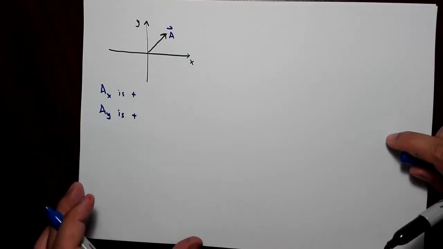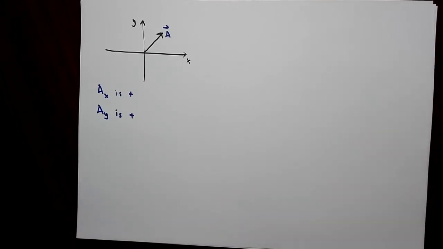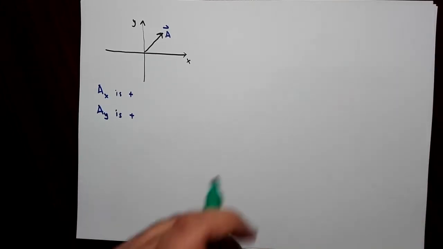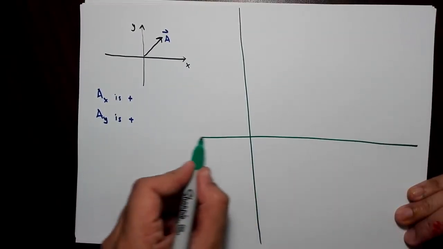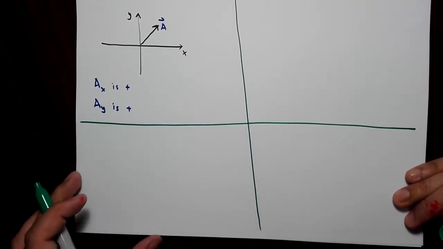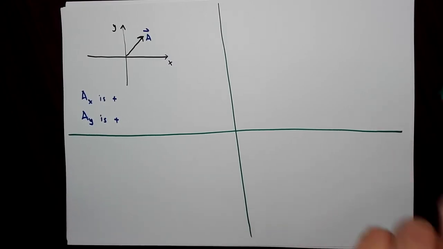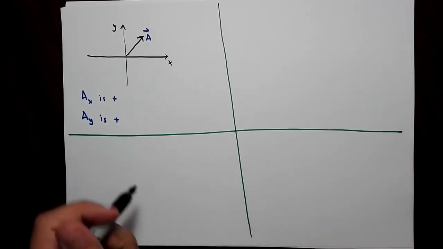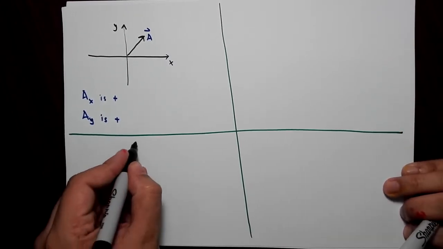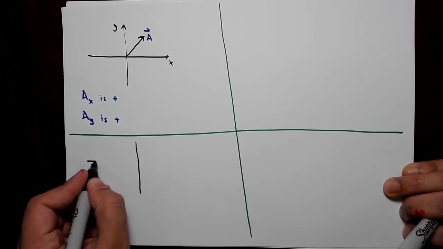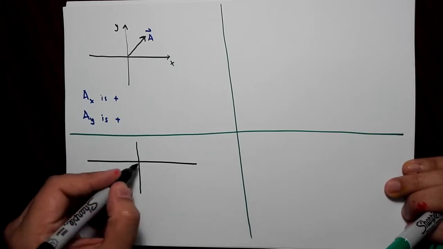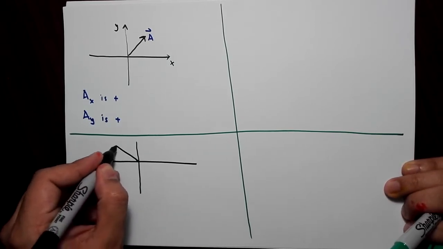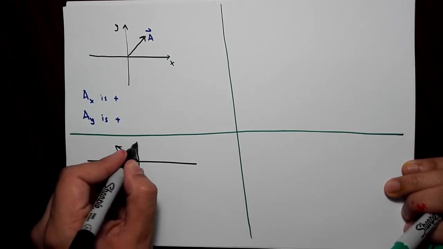Okay, now let's use another vector. Let's say this is your vector B. I have a vector B that points in the second quadrant.